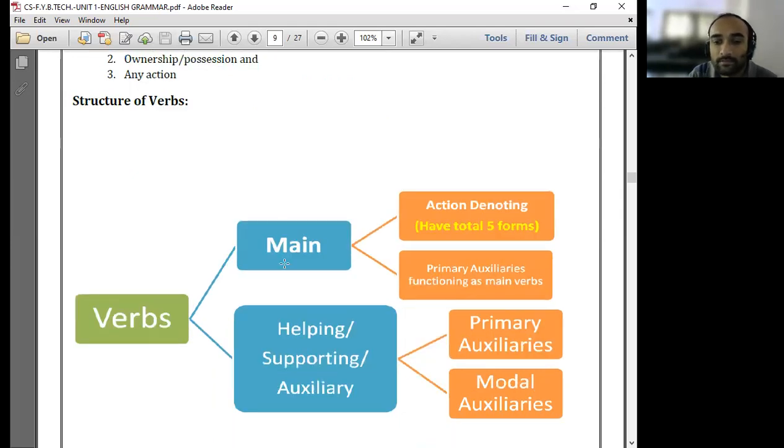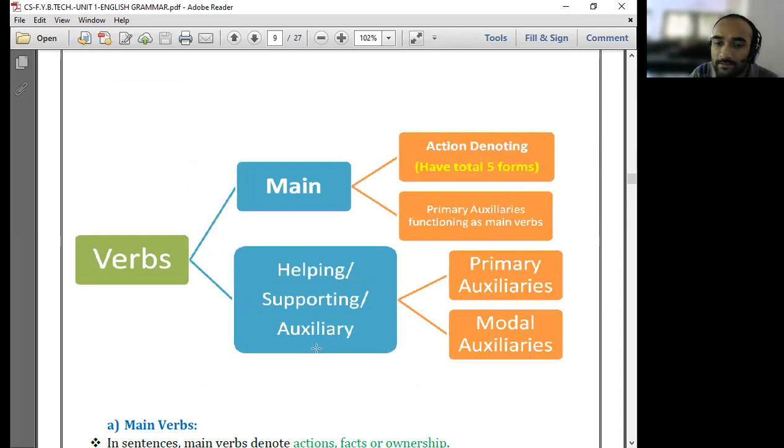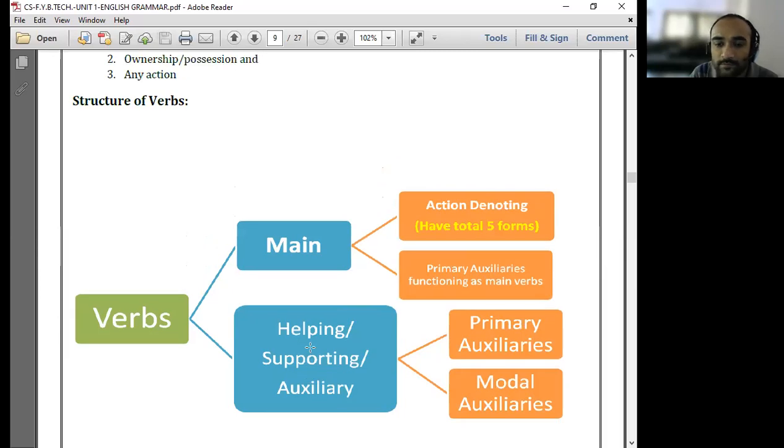Verbs have two types, that is main verb and helping verb, or supporting verb, or auxiliary verb. You can call it by any name: helping, supporting, or auxiliary. So verbs are of two types. In the main verb, there are also two types: action denoting and primary auxiliaries functioning as main verb.